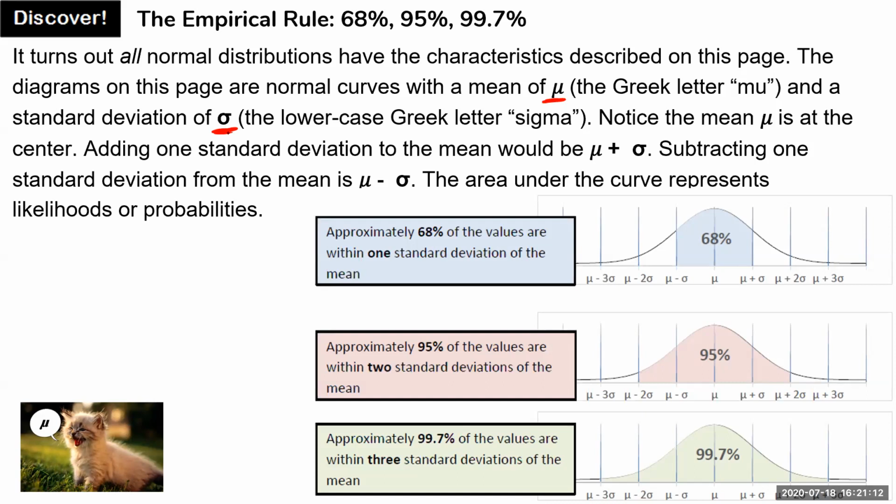Adding one standard deviation to the mean would be mu plus sigma. Subtracting one standard deviation from the mean will be mu minus sigma. The area under the curve represents the likelihood or probabilities. Now, we have said that the whole area under the curve is 100%.